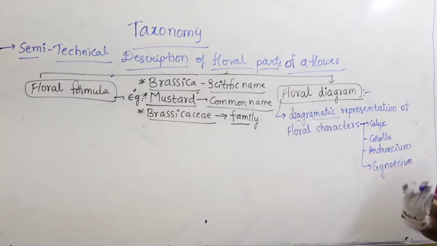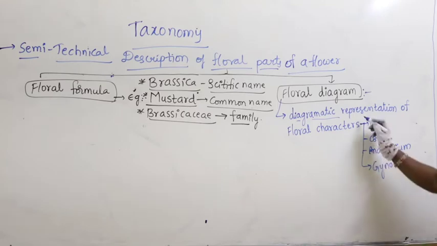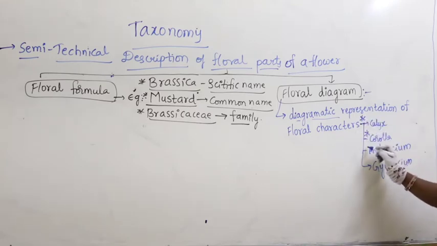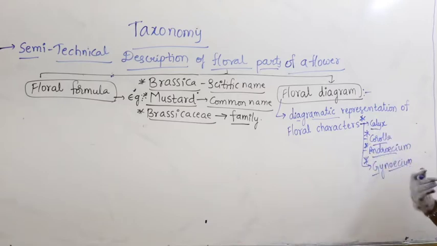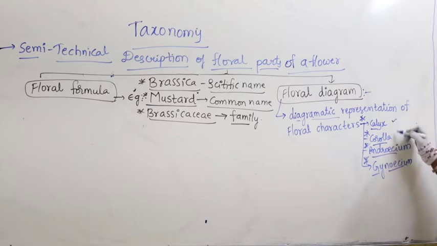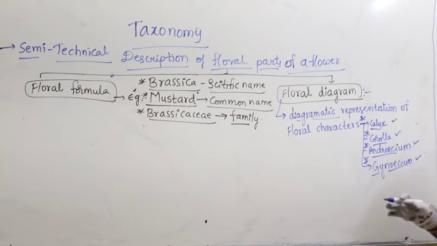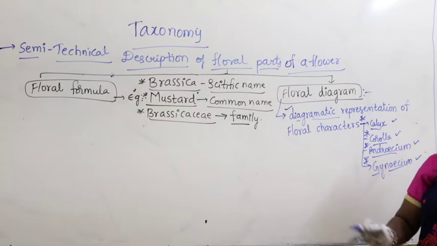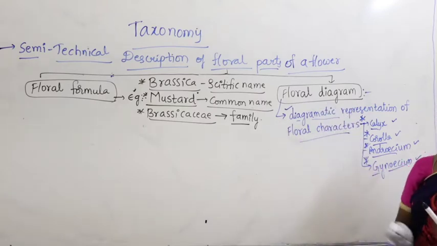We are not going to show all the characters, but we are going to show the arrangement of calyx, corolla, androecium and gynoecium. How these four are arranged, we can represent with the help of a diagram, and this diagram we can draw only for floral characters. That itself is called a floral diagram.